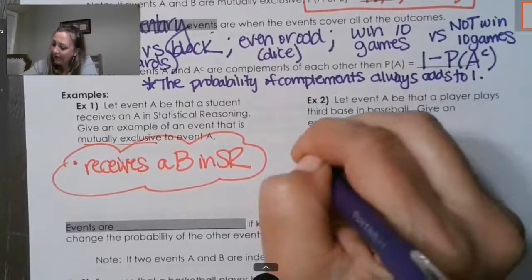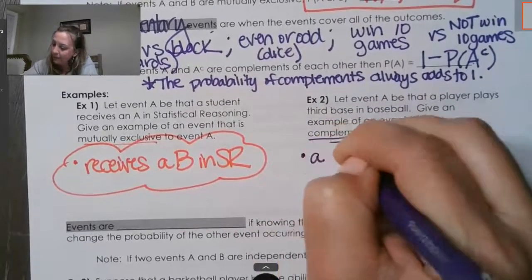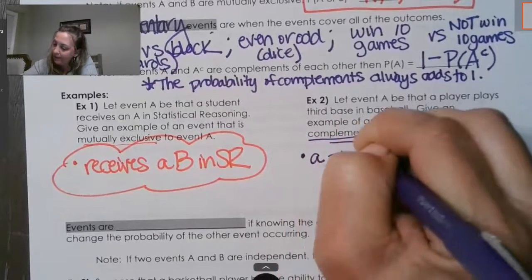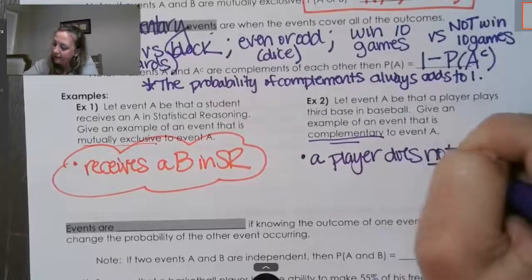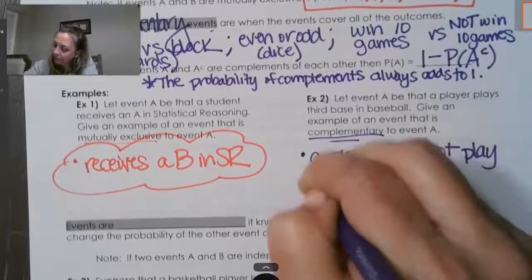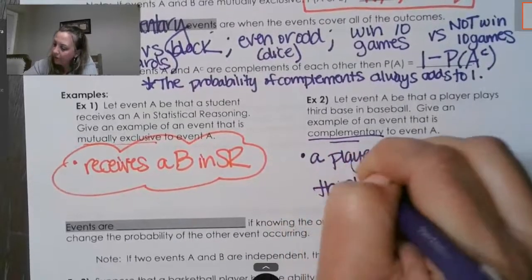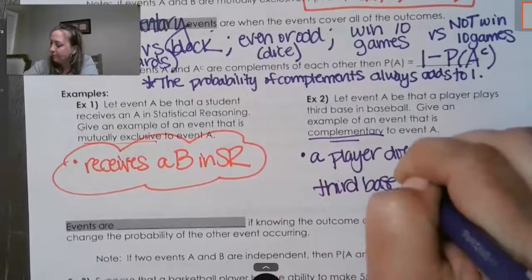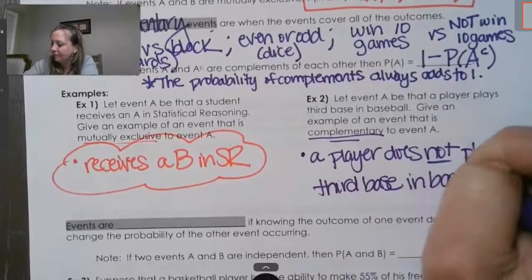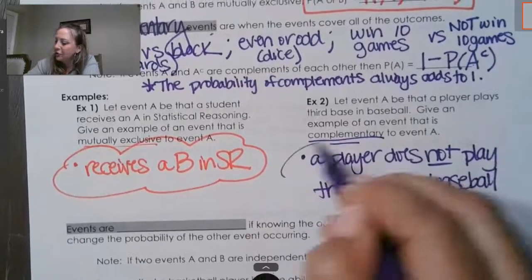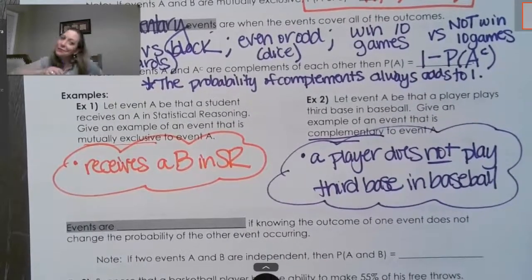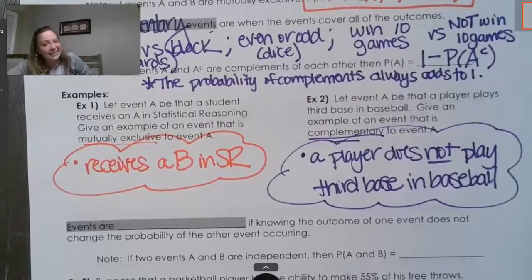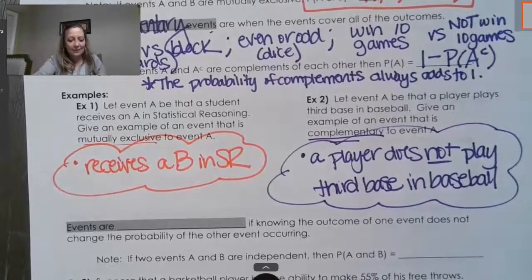So I guess what we would have to do is say that the complementary event would be that a player does not play third base in baseball. Now, if there were a special name for players that don't play third base, of course, we'd want to use that. But that is one way when you're kind of stuck. That's one way that we can always find a complement.